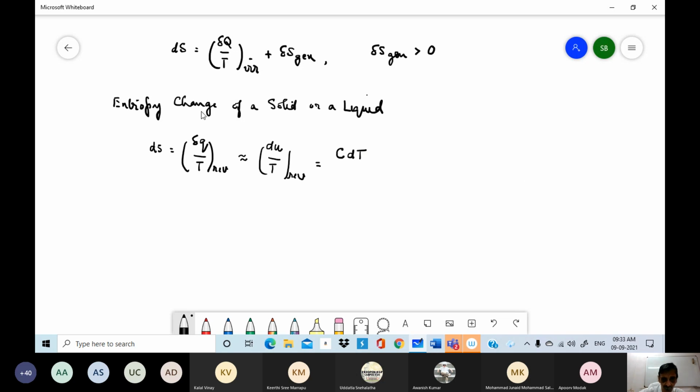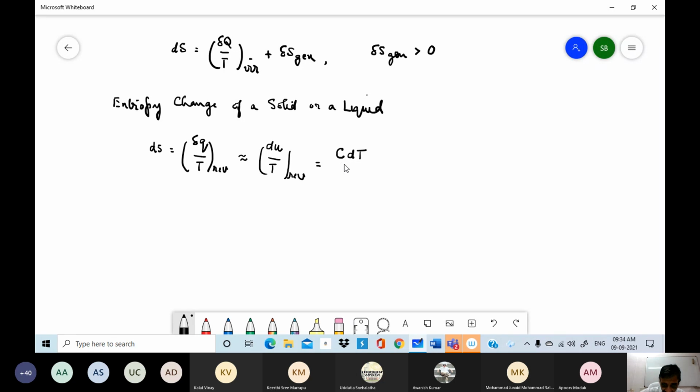Although the per unit mass values for thermodynamic quantities are represented by lowercase letters, small u is specific internal energy, small h is specific enthalpy, and small s is specific entropy.